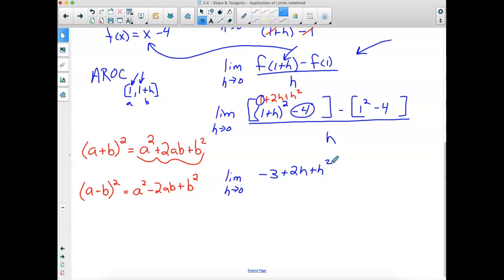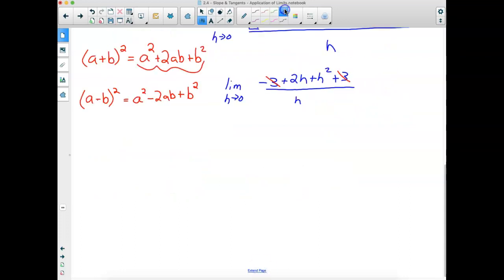And then in here I got 1 minus 4, and here I have negative 3, but it's the opposite of negative 3, so I'm going to say plus 3 over h, and then I can see, okay, it's always going to be a test. Everything inside that parenthesis needs to reduce out, or another way to say this is, as you're going through this limit process, the only terms in the numerator that are allowed to be left have to have an h in them. Because right now, if I substitute my limit, I get 0 over 0 yet.